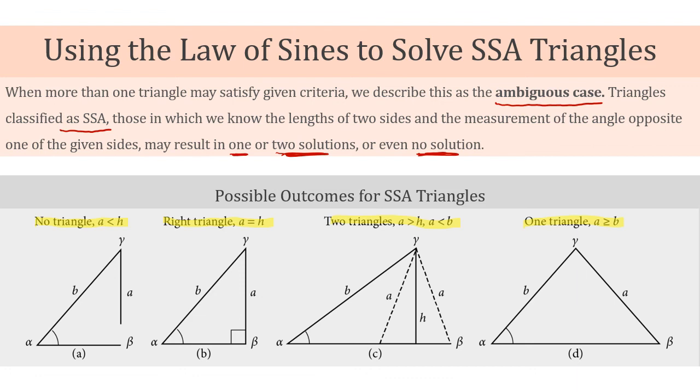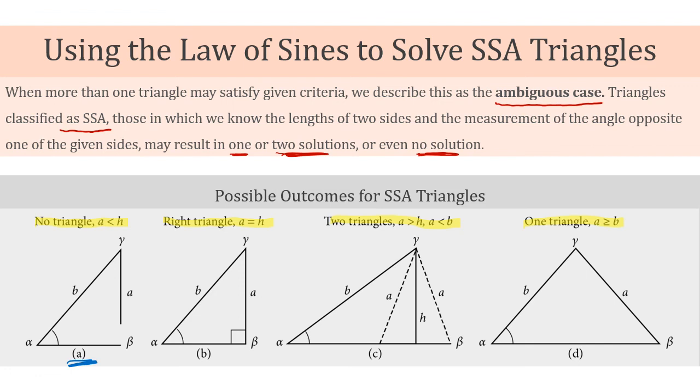If there's going to be no triangles, then that's this scenario, scenario A, where that side A in this case is just a little bit too short. Now, what's being given in the highlighted area is that the side A is less than h. What is h? You may recall that h was our altitude.